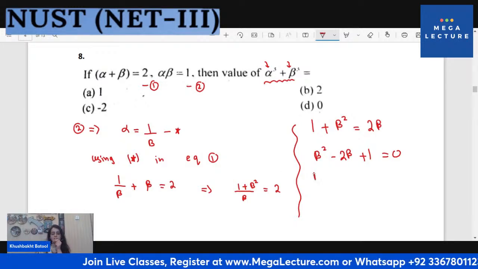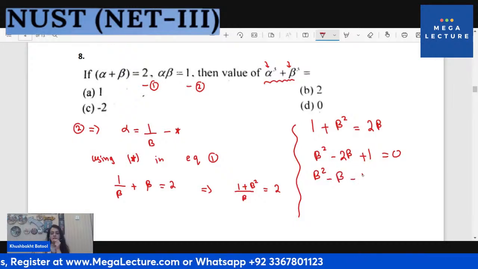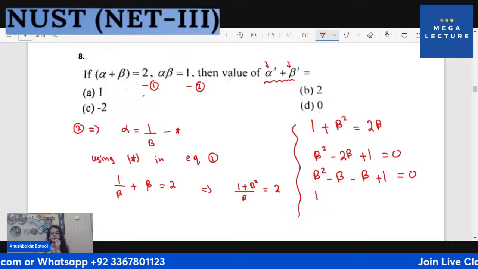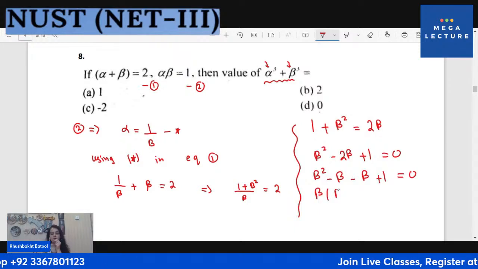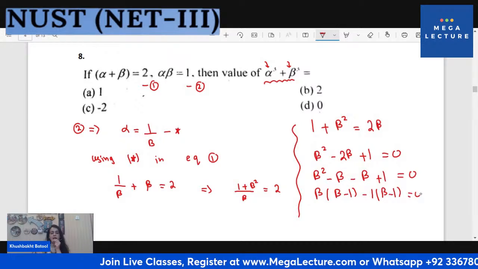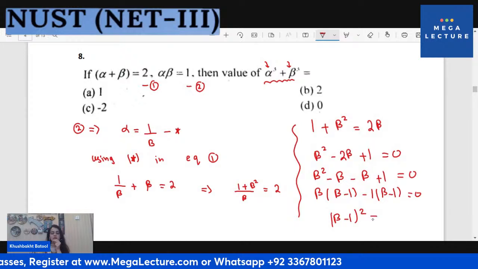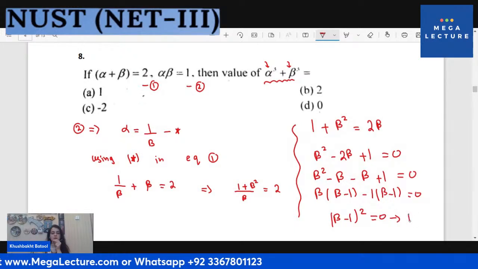So this is going to become beta squared minus beta minus beta plus 1 equals 0. Beta can be taken common, beta minus 1, and then again beta minus 1 equals 0. And this would give you beta minus 1 whole squared equals 0, and this would give you beta equals 1.